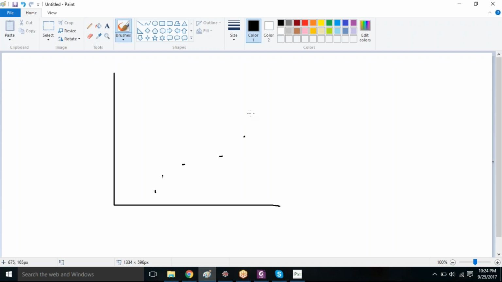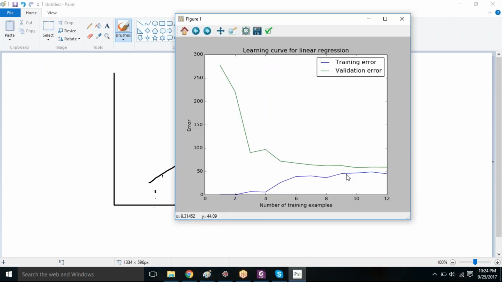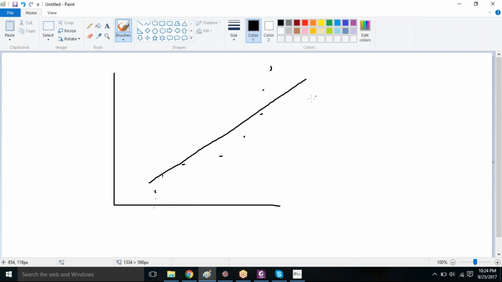So as you increase the training examples, your line fitting has even more error. The accumulated error has gone up. That's why it has increased more. So with 12 data points, it has come to this 50.